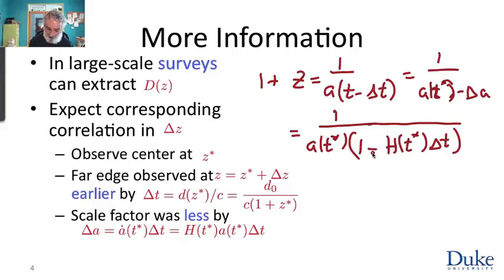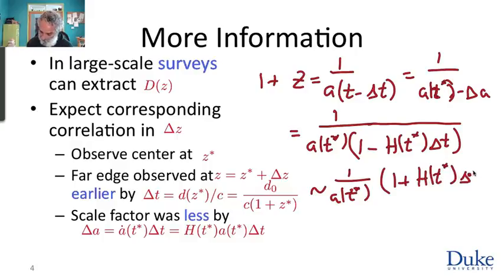And now H of t star I can figure out, but before that, this is clearly begging to be expanded using the Newton approximation. If delta t is much smaller than H, I can approximate this as 1 over a of t star times 1 plus H of t star delta t. And now I rewrite that. 1 over a of t star is just 1 plus z star. And then I have H of t star divided by a of t star.